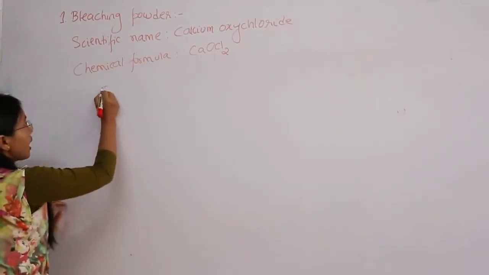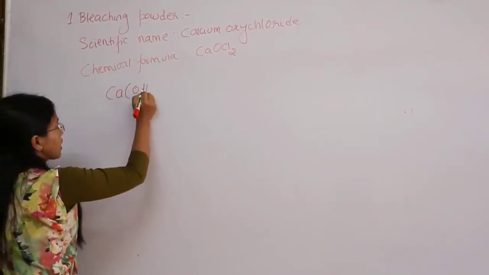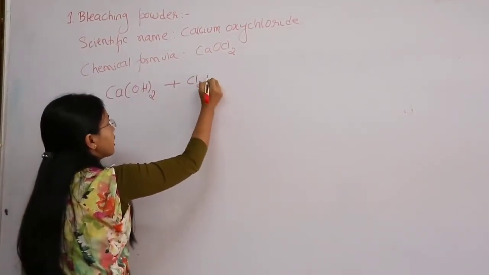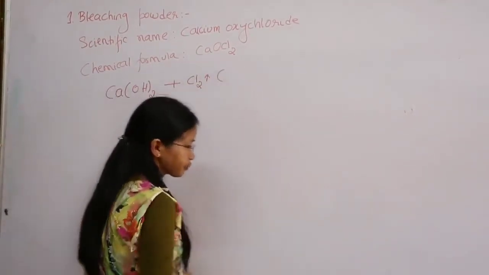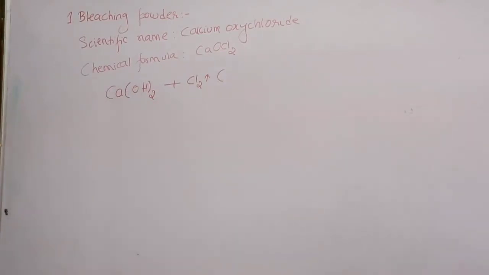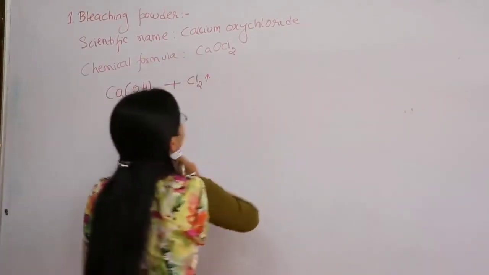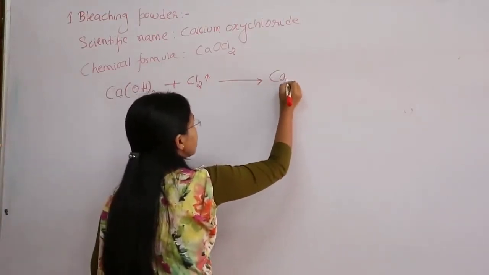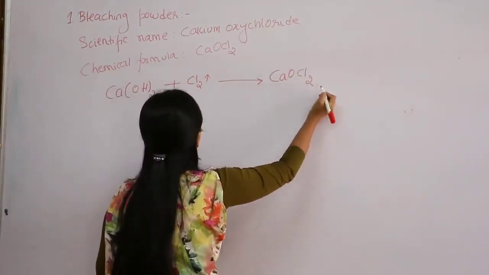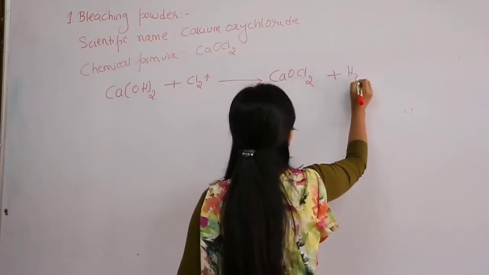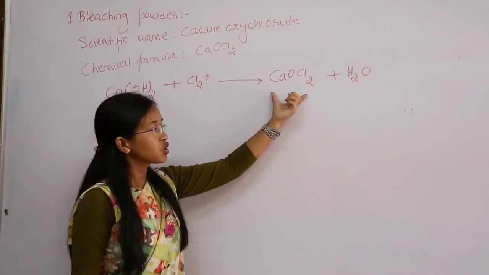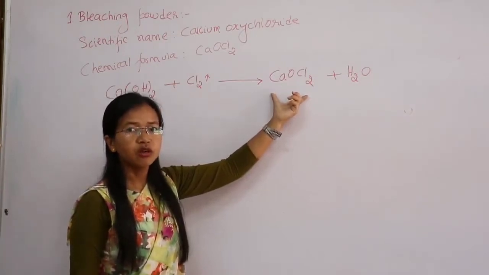So when you react the calcium hydroxide or the slaked lime with chlorine gas, you will get CaOCl2 and H2O. So this is the calcium oxychloride or the bleaching powder.